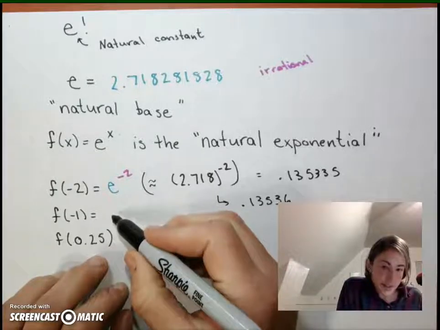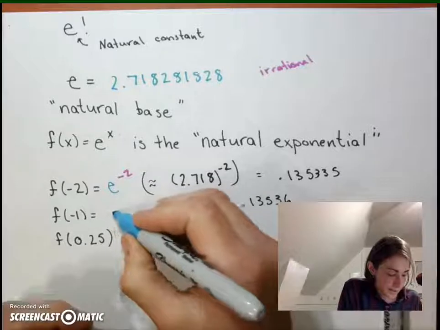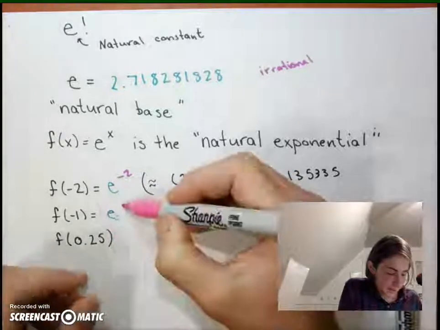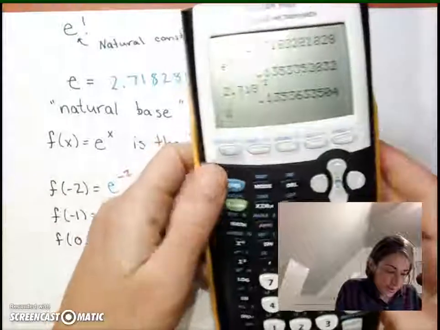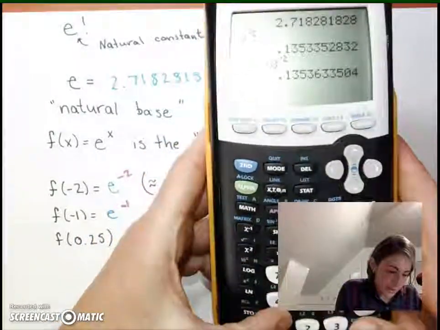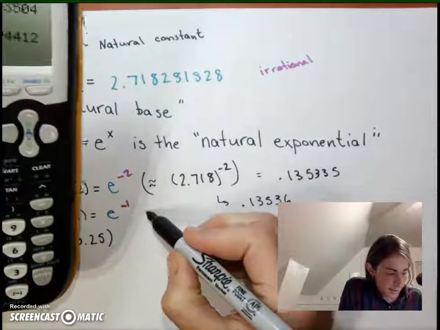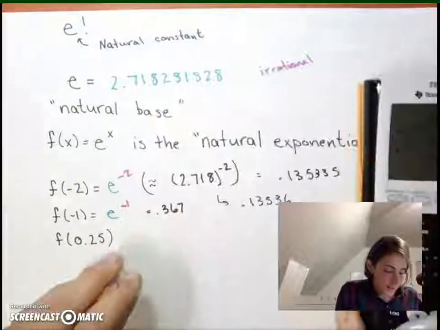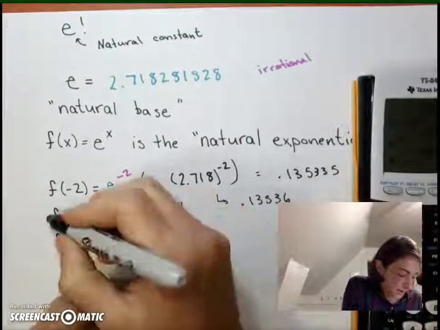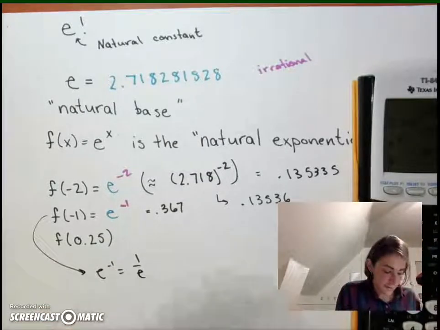Let's do two more examples. f of minus 1 is going to be e to the minus 1. And so we plug in e, and we raise it to the minus 1 power. And that's going to give us 0.367. Another way we could have done this one is just e to the minus 1 equals 1 over e.